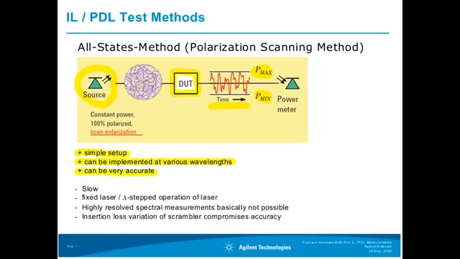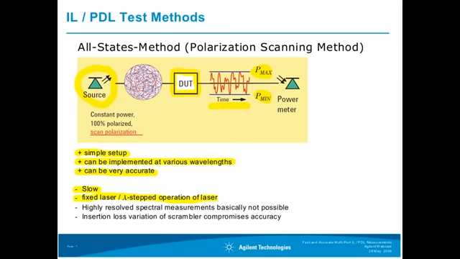On the other hand, there are severe shortcomings, and one of the most important shortcomings is that this method is rather slow. It is slow because you have to wait at every wavelength until the Poincare sphere is more or less covered by all the polarizations.